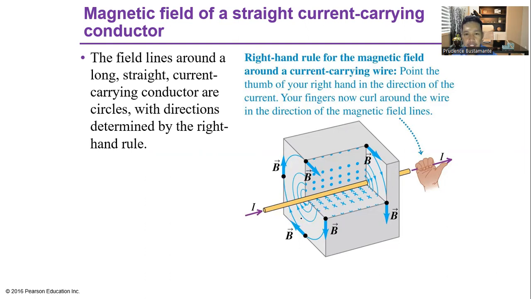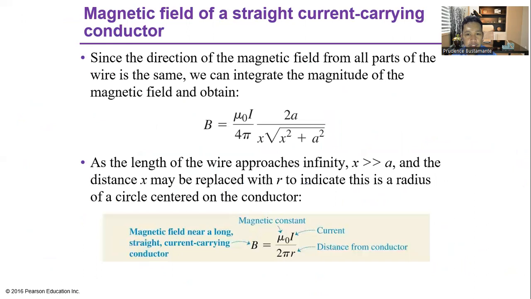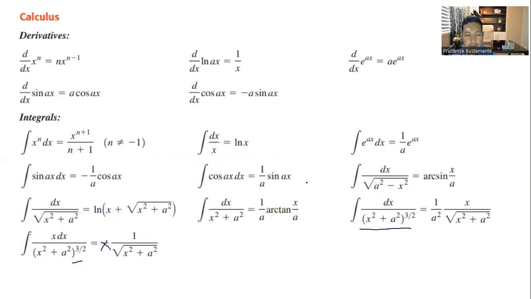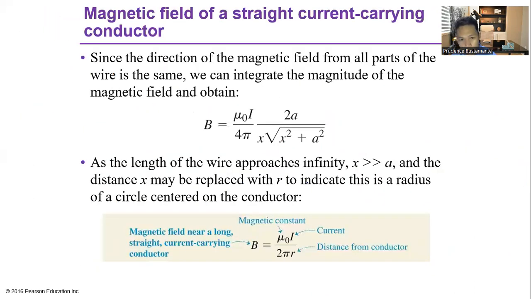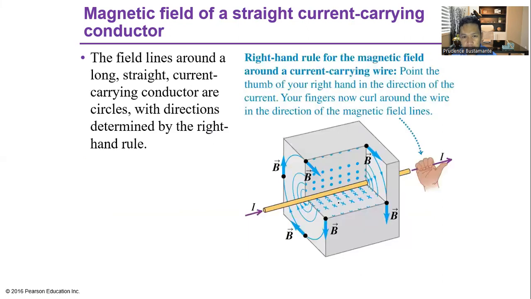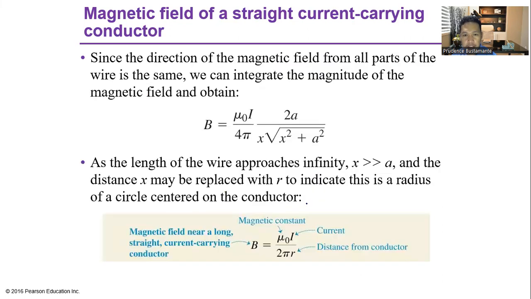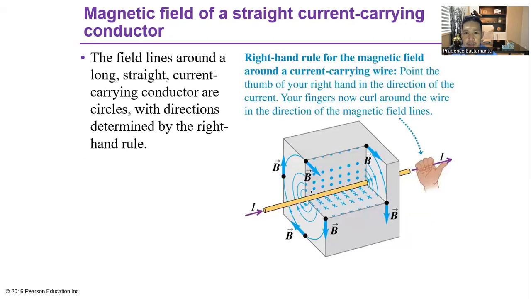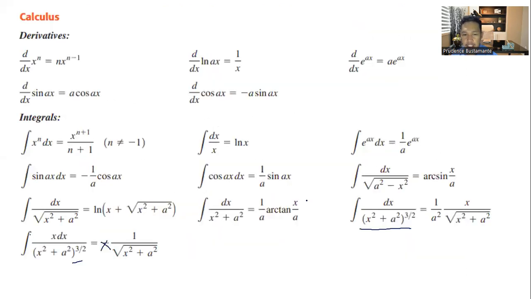The magnetic field is circling. Therefore, we can treat this x as equal to r, the distance from the conductor. The distance x may be replaced with r to indicate this is the radius of a circle centered on the conductor. That's why we can replace x with r.